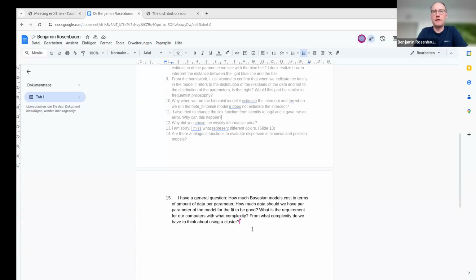The other part of the question is related to computation time. I would say often they scale not too badly with the number of data points. However, I think the number of parameters can be more of a bottleneck, but I don't have a good answer there. You just have to check it out. If the runtime gets too high on your computer, you can move to a cluster.